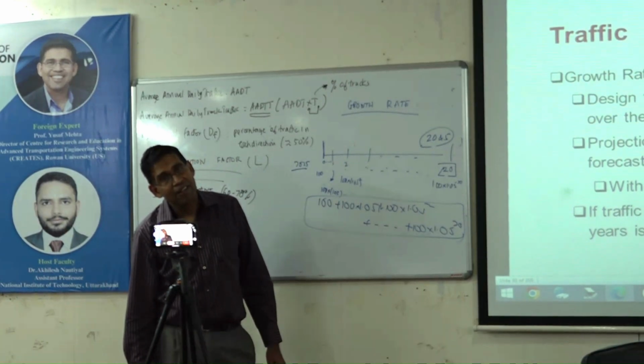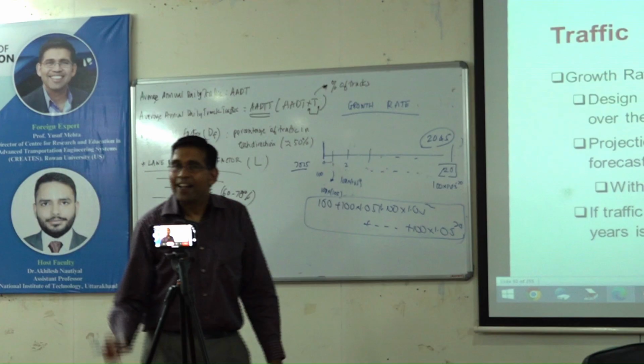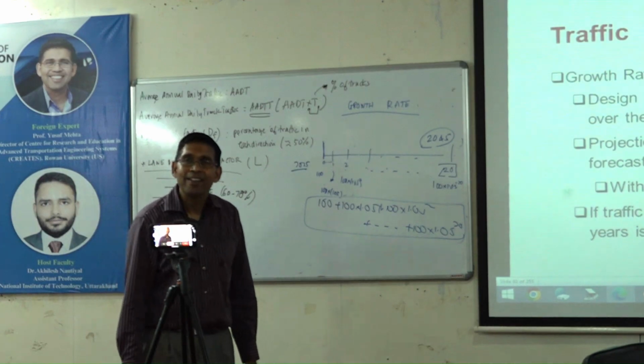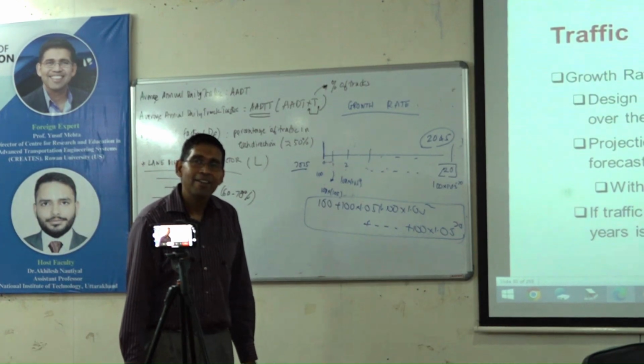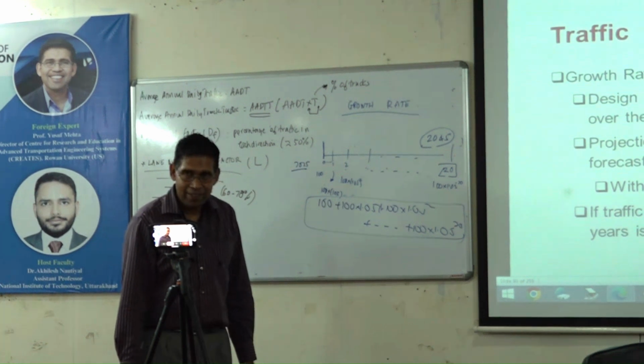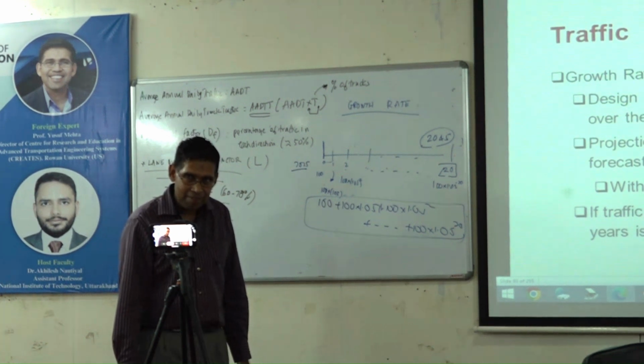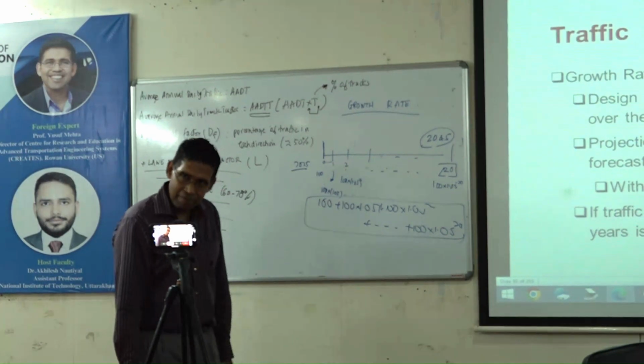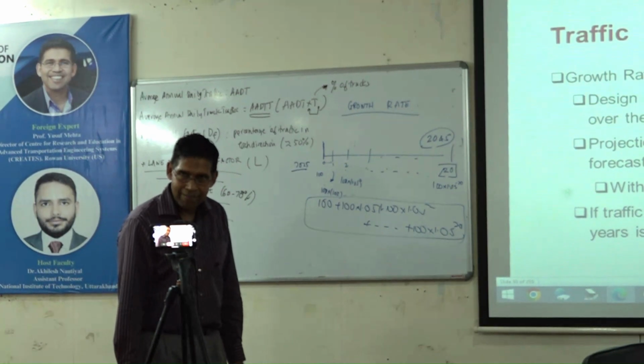If we design for the 20th year, then it will cover all traffic. But sir, the traffic is increasing only at the rate of 5%. So the next year there will be 105 vehicles, and the next year 110 or 111.